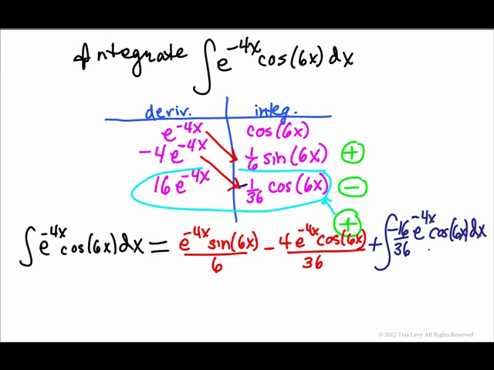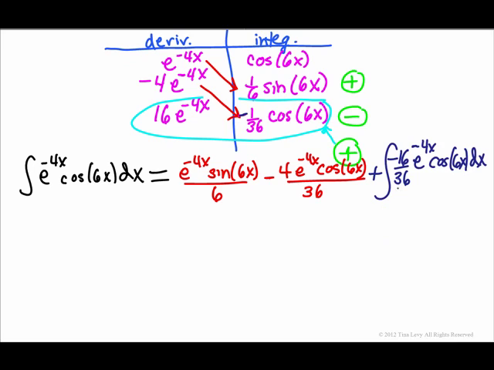Okay, so now I'm back to an e to the negative 4x cosine 6x. So I can now add to both sides. I had a negative 16/36. I'm going to add 16/36 e to the negative 4x cosine 6x dx.